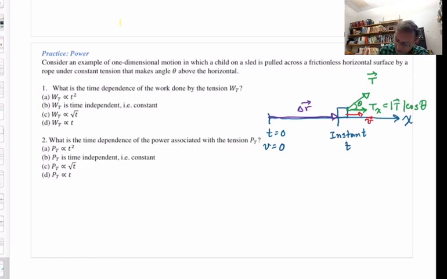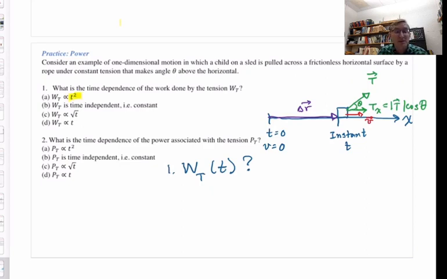The first question is, what is the time dependence of the work done by the tension? Work done by tension force as a function of time. How does it depend on what the time is? And turns out it's a multiple choice, and they give us 4 options. The work done by the tension force goes like the time squared.